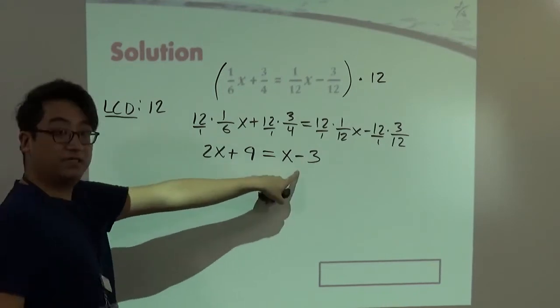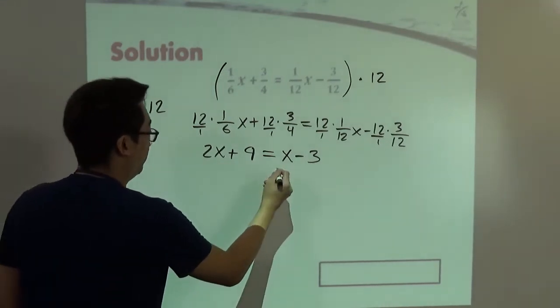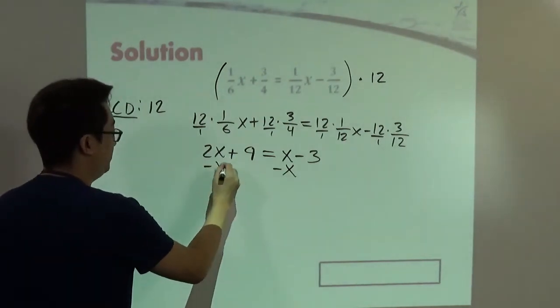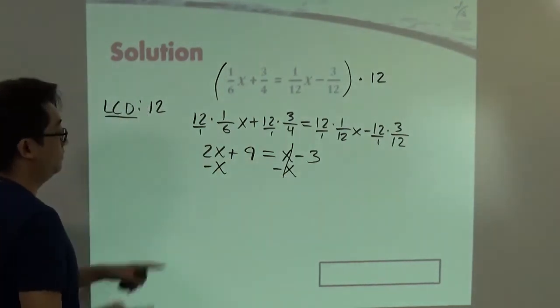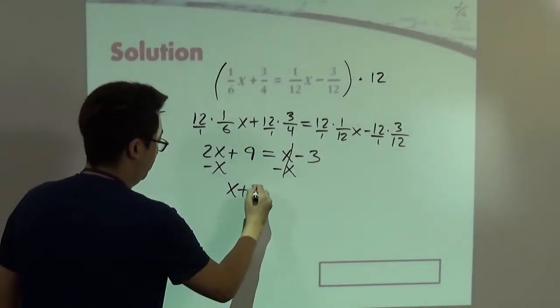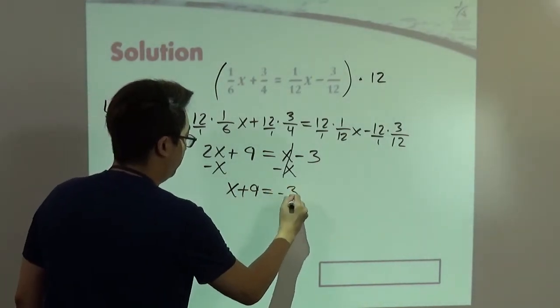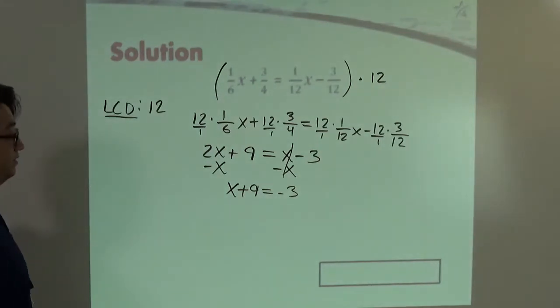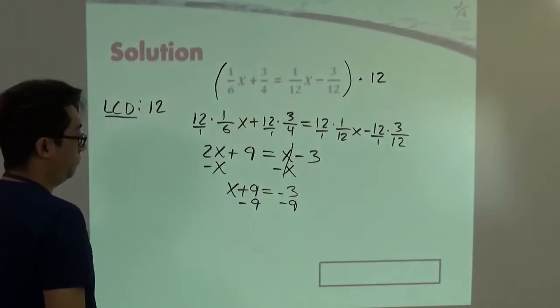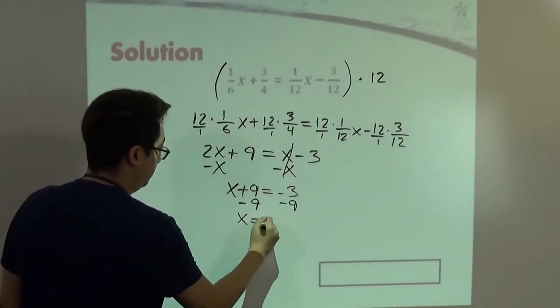So I have 2x and x on both sides. I want to bring it all to one side, so I subtract x from both sides to get rid of the x on the right. 2x minus x gives me just an x plus 9 equals negative 3. So to solve for x, I subtract 9 from both sides. So x equals negative 12.